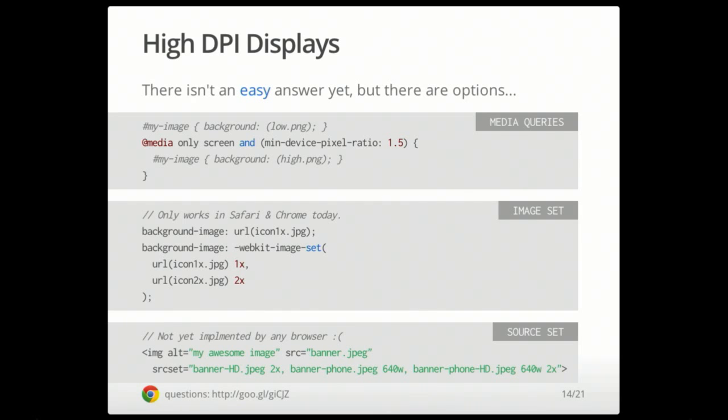Maybe you've got different video formats or something like that. It's the same concept behind source set on the image tag. So you specify, here's my high def image, this is my low def image, and what's going on from there. So quick, easy way to be able to use those things.